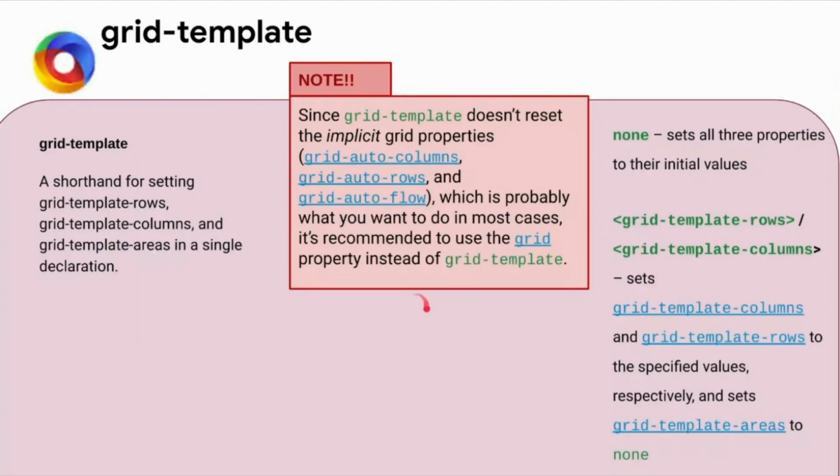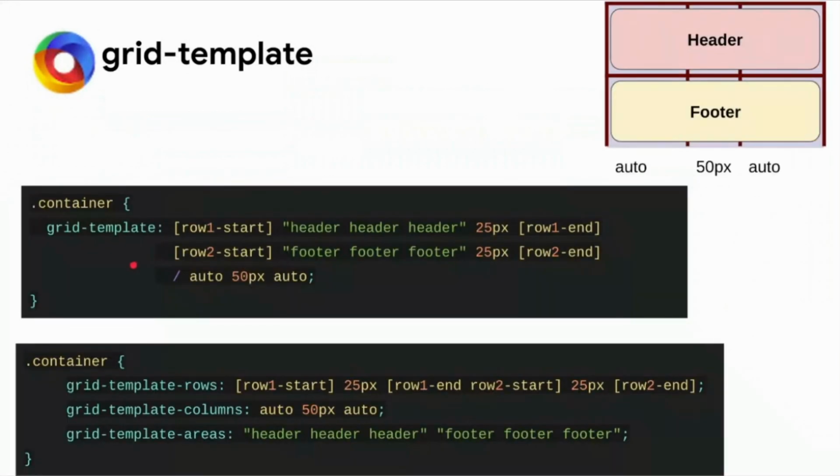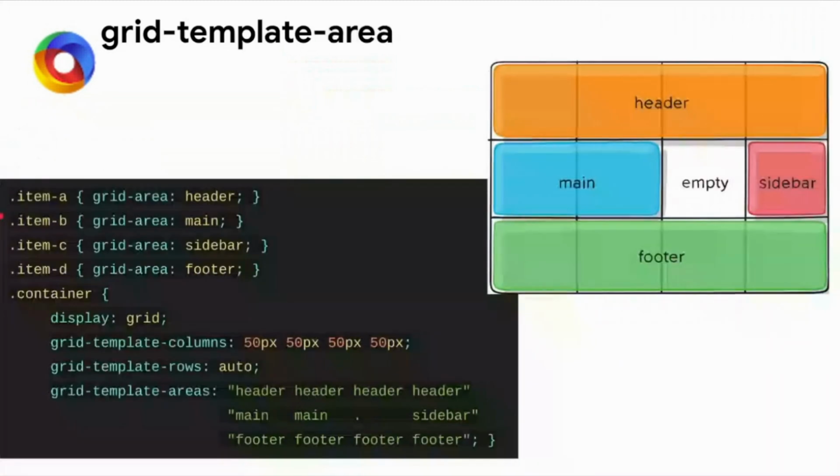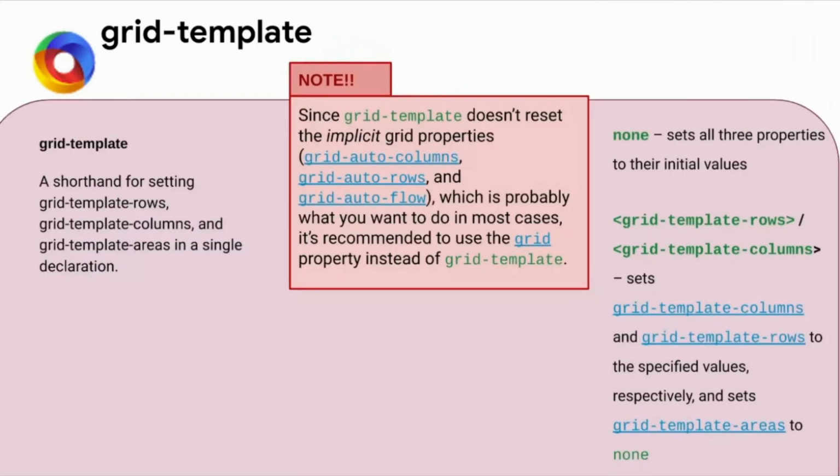So grid template is basically a shorthand for all the three properties we have seen till now: grid template rows, columns, and areas. Till grid template areas, it's clear for everyone. Now grid template is a shorthand for all these properties.